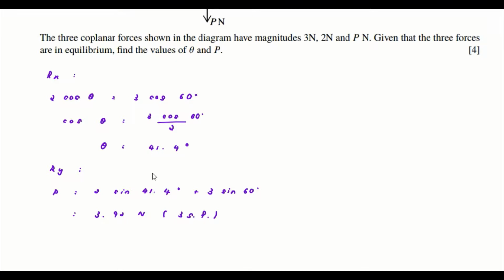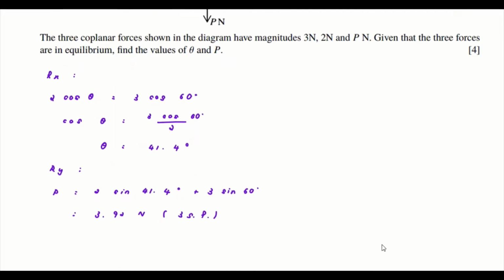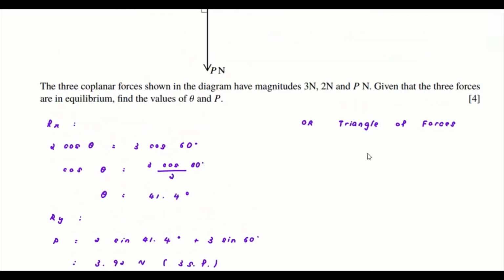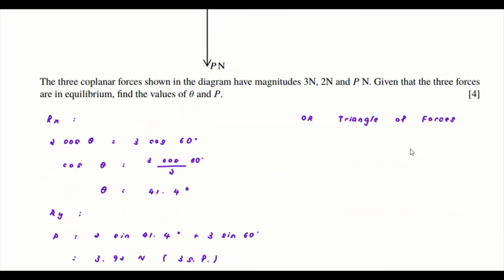Okay, so now let's try to use the first extra approach that we have learned just now, the triangle of forces. Let me try to write it. If we want to use triangle of forces, the first thing you need to do is draw the diagram of the triangle. In this case, it's not that hard because you have P, which is just a vertical one, so we can always start with that.